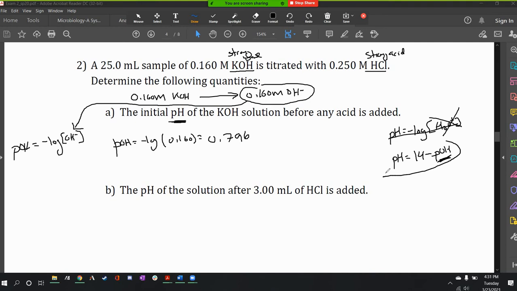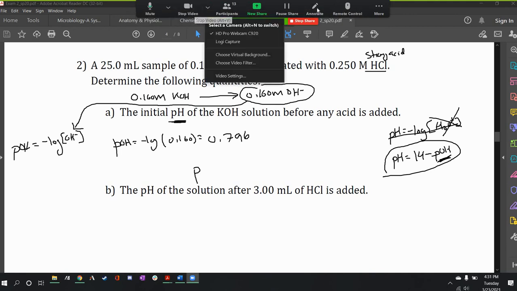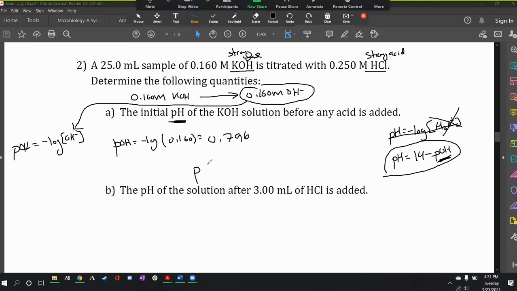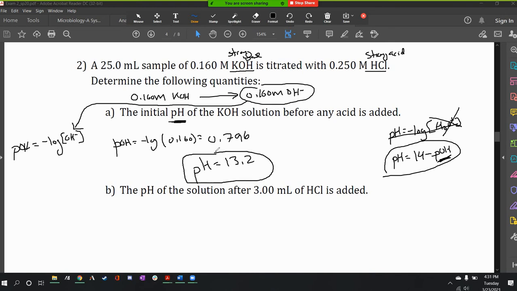So I come over here. I know I can find the pH by doing 14 minus the pOH, so I'm going to do 14 minus that number, and I get, come on, pen, where'd you go? pH equals 13.2.